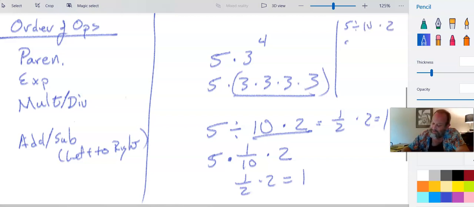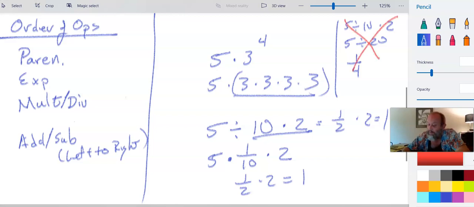If you did the multiplication first, you'd have 5 divided by 20, and 5 over 20 is 1/4, right? And so you can see we get completely different answers. There's a big difference between 1 and 1/4. So over here, this is wrong because of the fact that you did multiplication first, right? It's not that division has to come first. It's whichever one is farther to the left comes first. Okay, and then it ends up being the exact same thing with addition and subtraction.